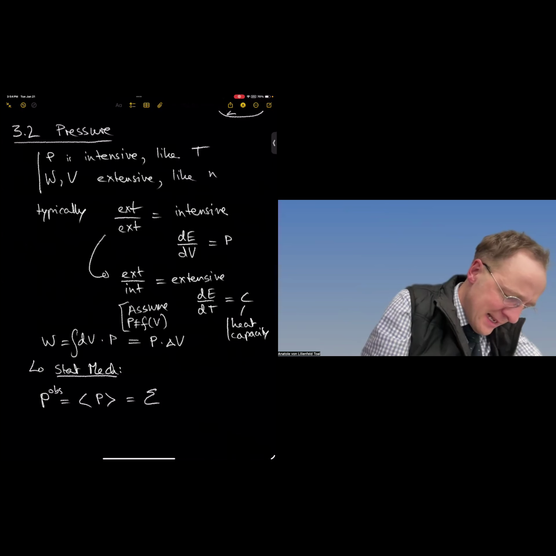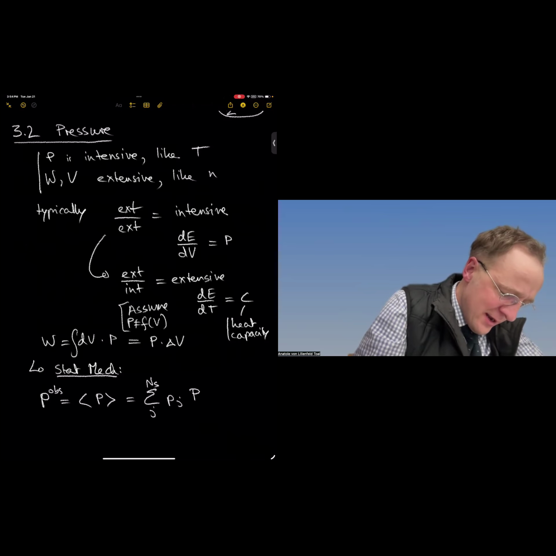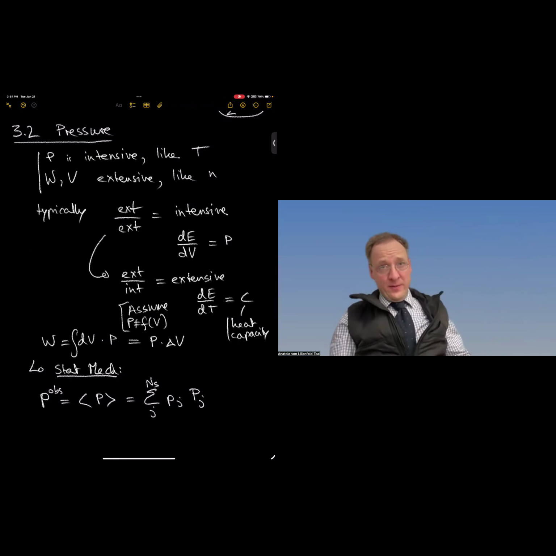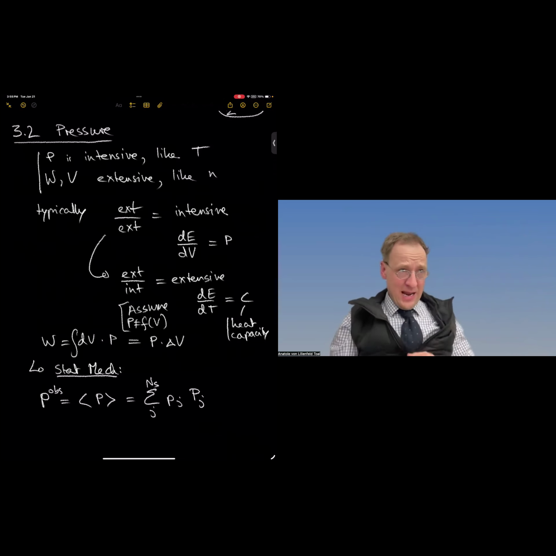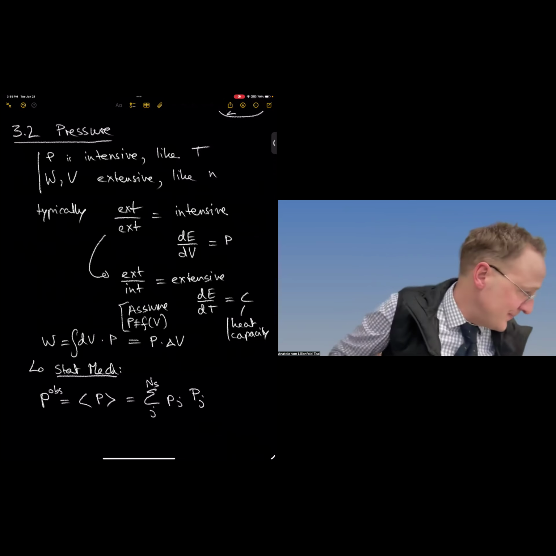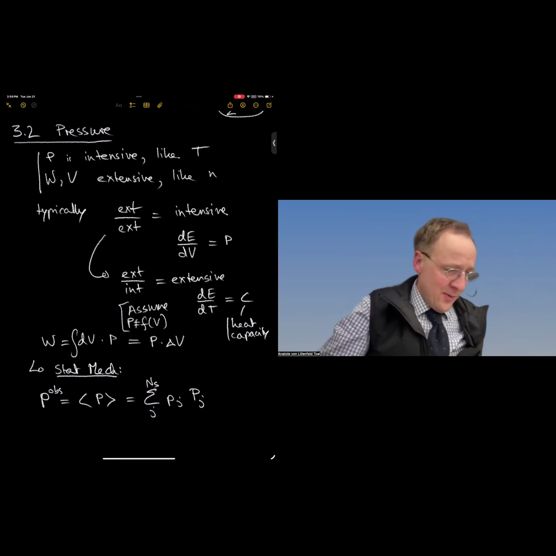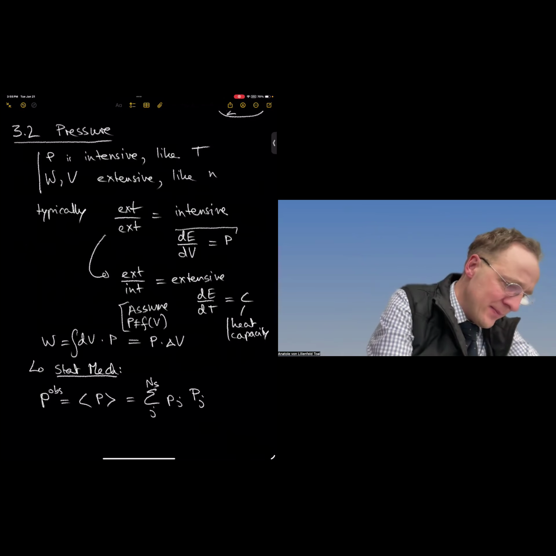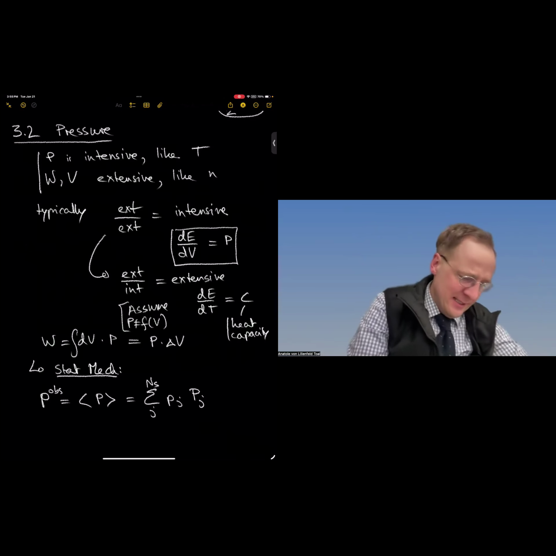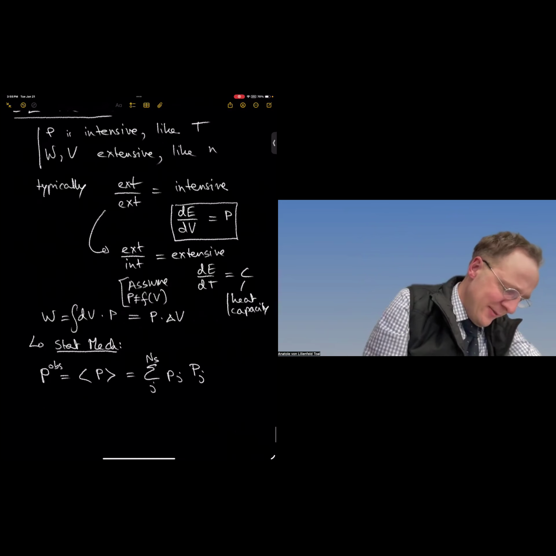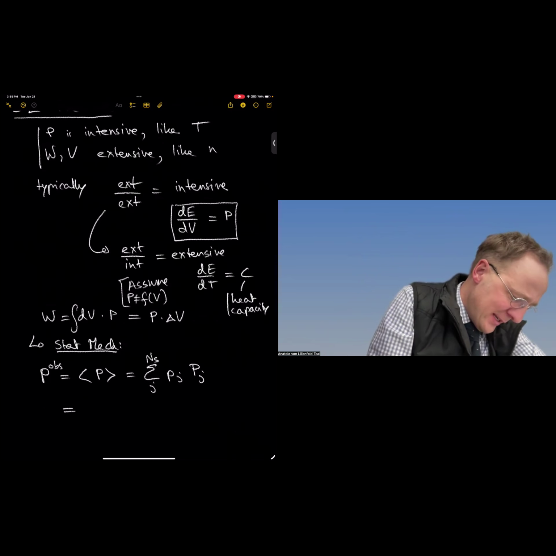And in complete analogy to our energy, you now have to consider the pressure your system has in state J. Now, up here, we saw what pressure is. It's the derivative of your energy with respect to volume.